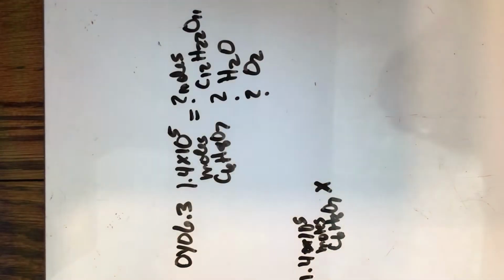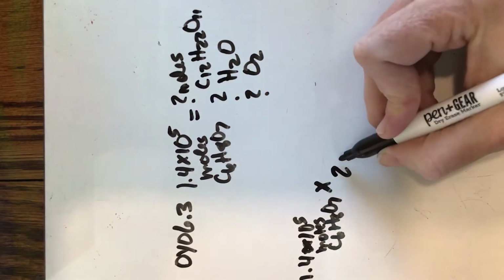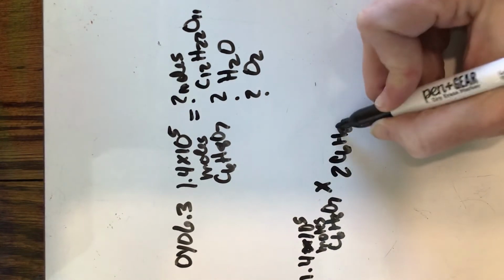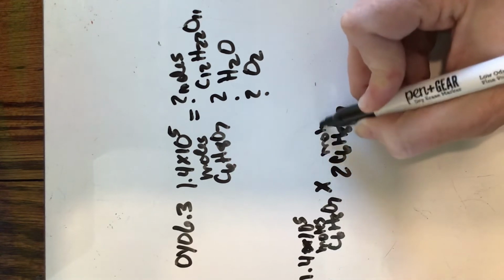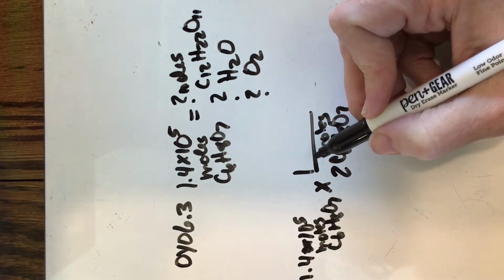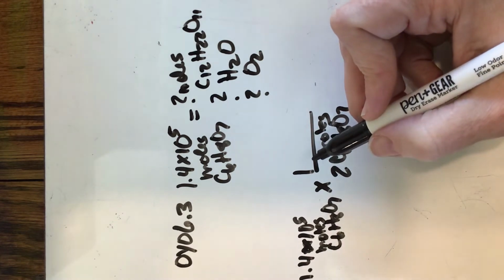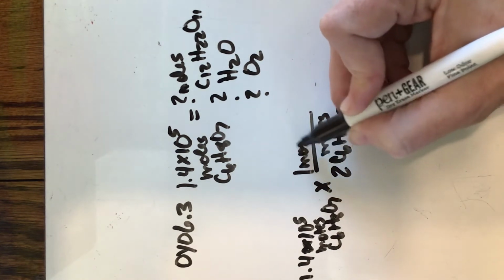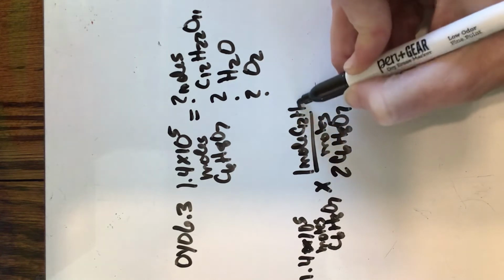So it's 2 of these for every 1 of this one. We're going to stick that in, the one we're looking for, C12H22O11.